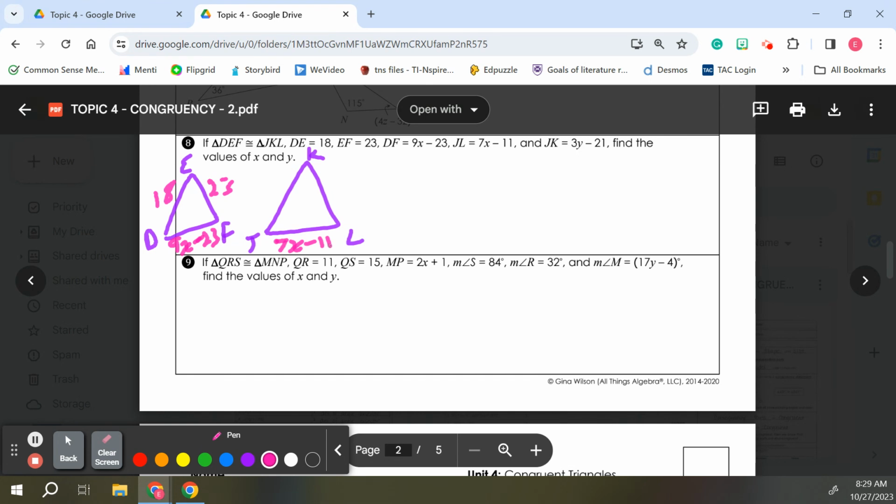JK, which is 3y minus 21. And it looks like that's about it. So they want us to solve for X and Y. So what I want you guys to do is set these up on your own and see how this works out, okay?